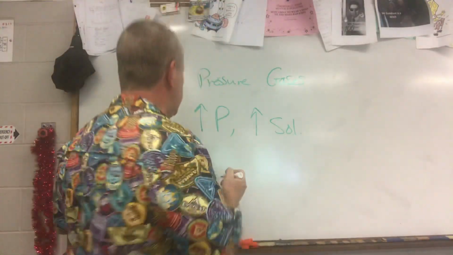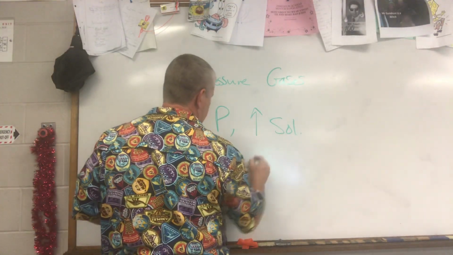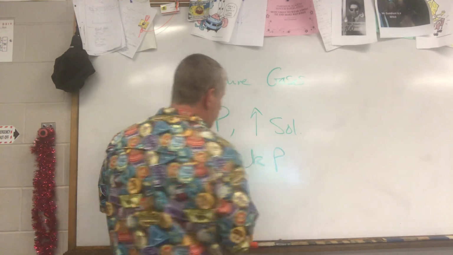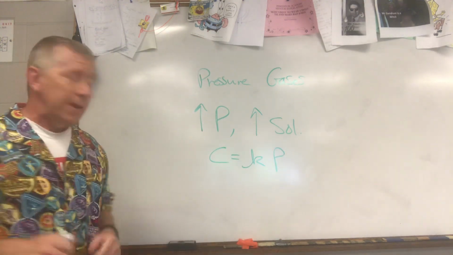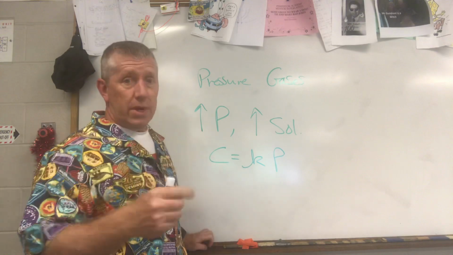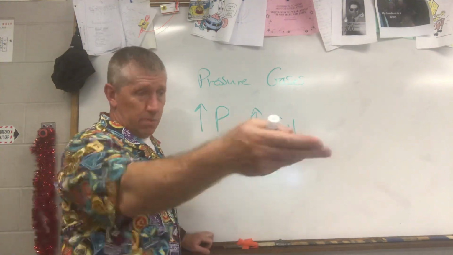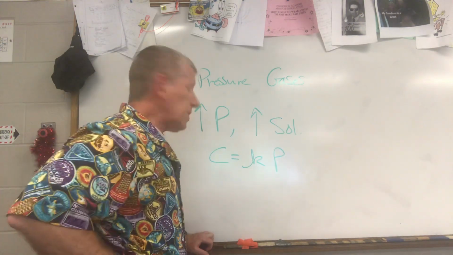All right, you'll see on the sheet that there is a law here. I put down here Henry's law. Henry's law, C is equal to K times P. It's called Henry's law. Now, I'm not going to solve a problem with Henry's law. We do the problem solving, and we're about to get into some more problem solving here very soon. But we're not going to do it with Henry's law.